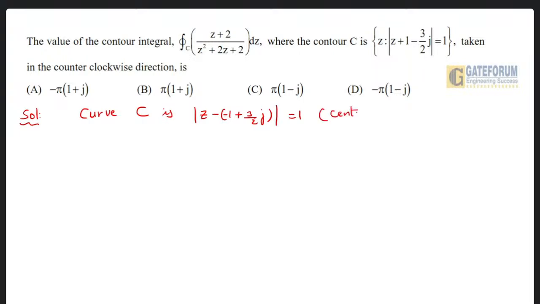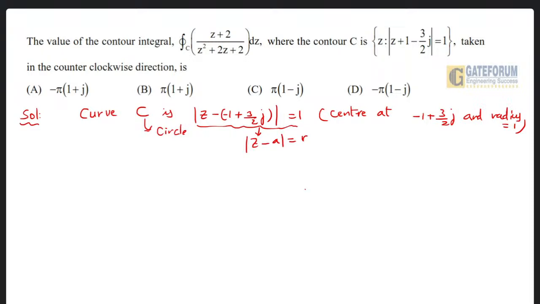Center at −1 + (3/2)j and radius equal to 1. So this is a circle, compared with the circle equation in complex form, |z − a| = r.